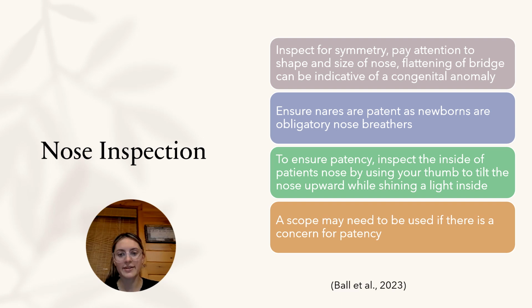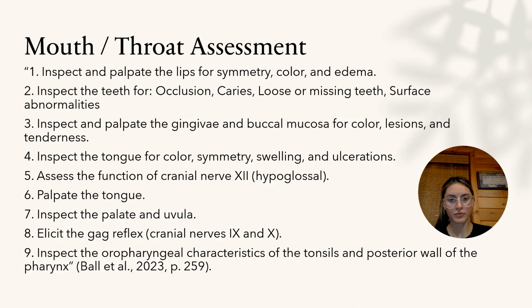So to ensure patency, we are going to inspect the inside of the patient's nares by using our thumb to gently tilt the nose upward and shine a light inside. If there is concern for patency, we might need an ENT consult where they will do a scope and see if they can pass the scope through the naris to see if it is patent.